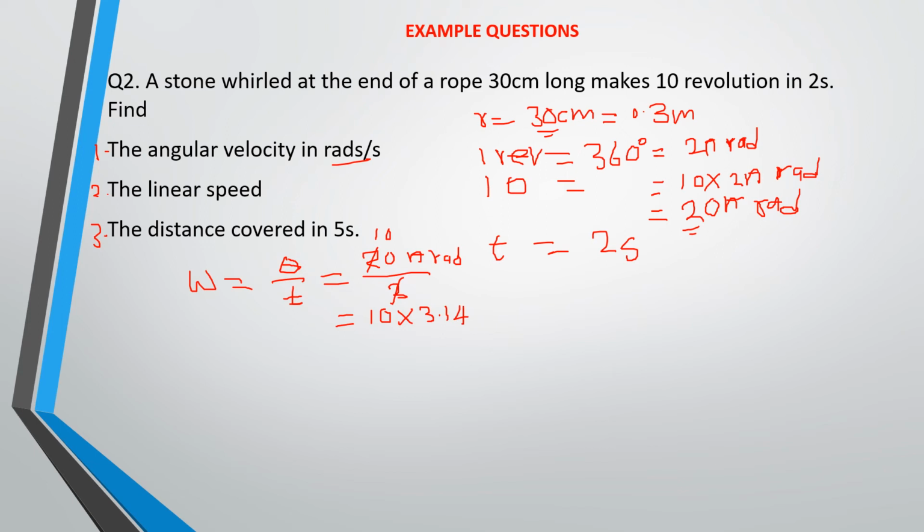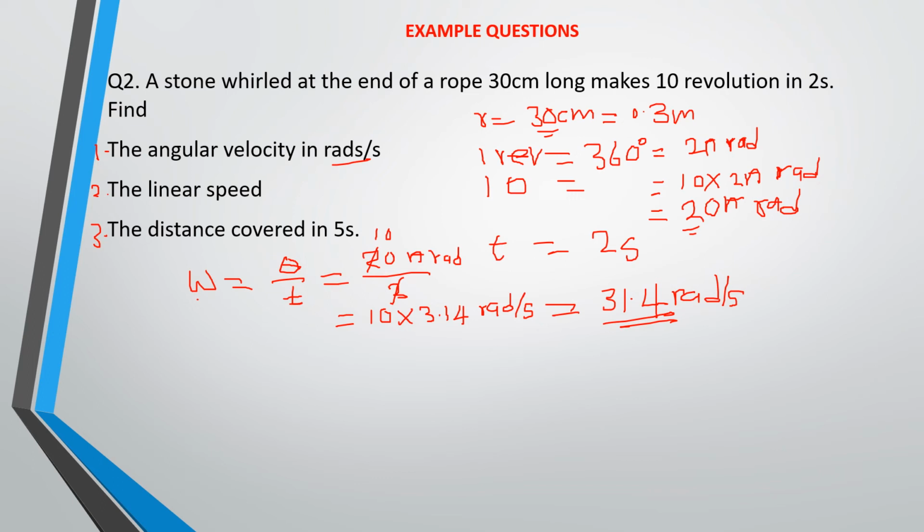When you multiply this out, if you work this out, you are going to have 31.4 radians per second. That's what you have. So this gives you the angular velocity of this stone.